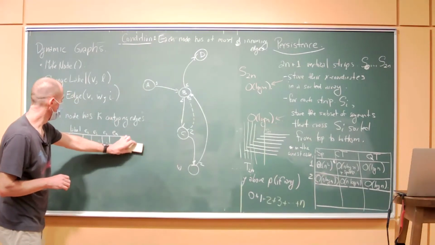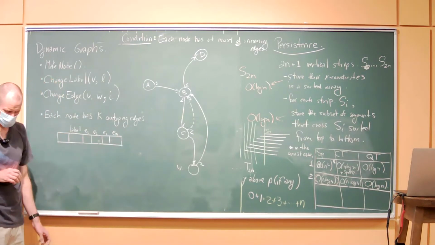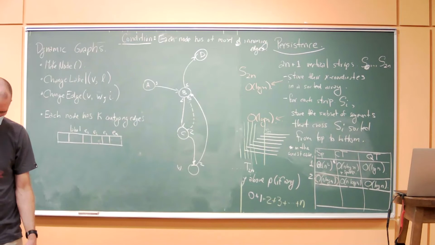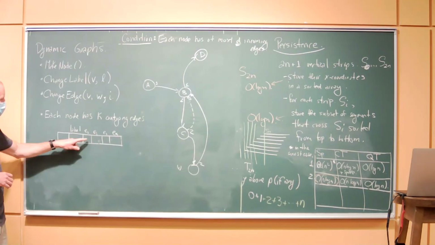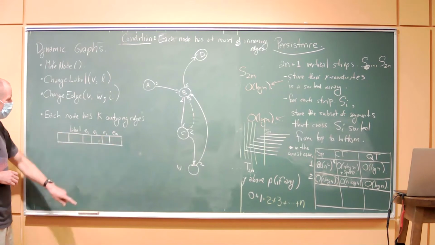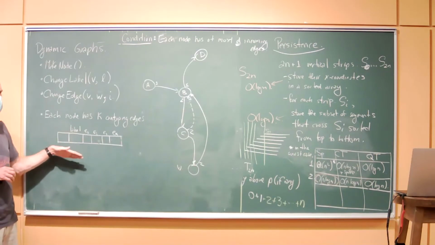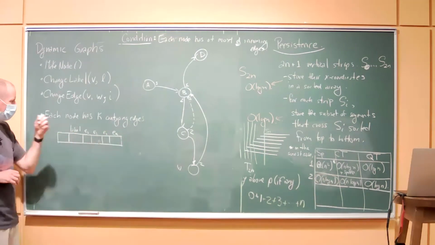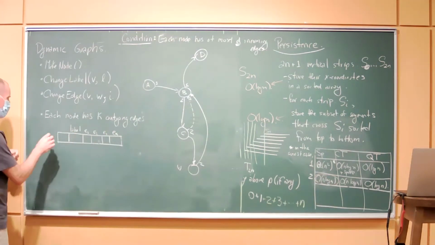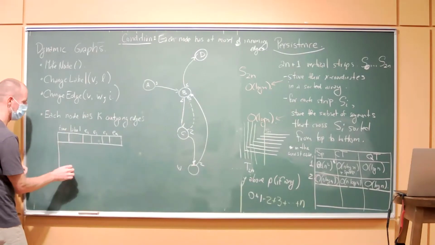So that's a sort of important thing. This stores the label. These are the pointers going out of it. And as you do operations, these things are going to change over time. So this won't just be one of these things. It's going to be a table of them.